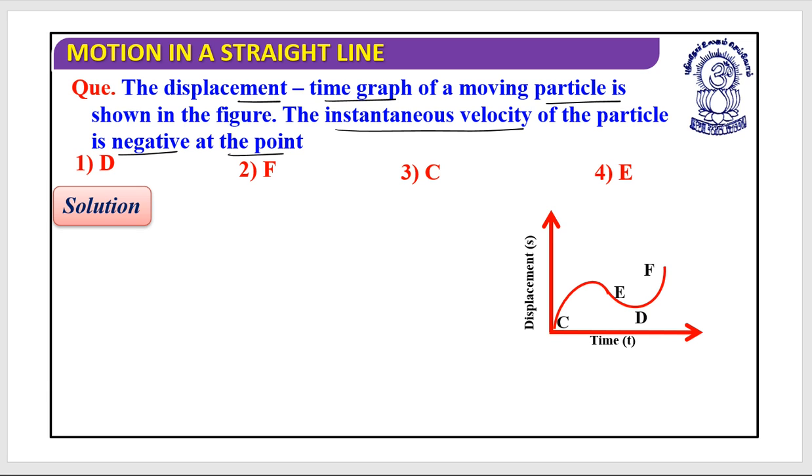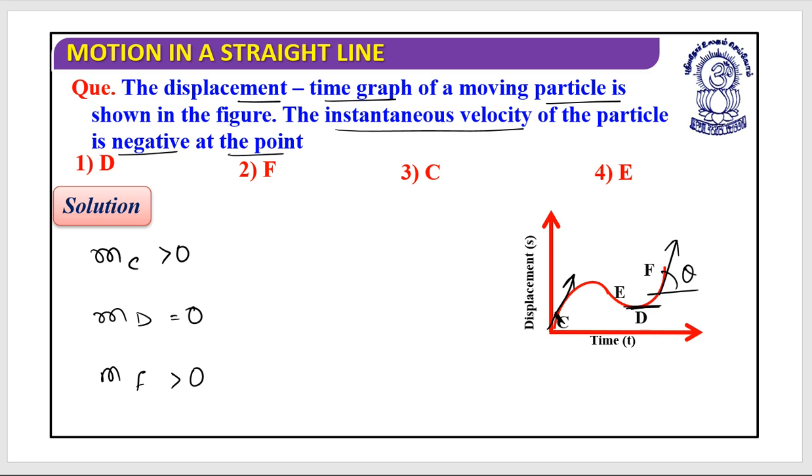At C, the slope would be greater than 0 because it is moving upward. Slope at D is 0. Slope at F, look at this, is greater than 0.